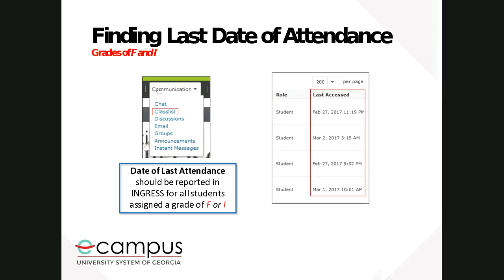You're going to go to your communication class list. You're going to see the list of your students, and then you're going to see this last accessed date. Please make note of that date. And remember, you do this for students that failed or have incompletes.